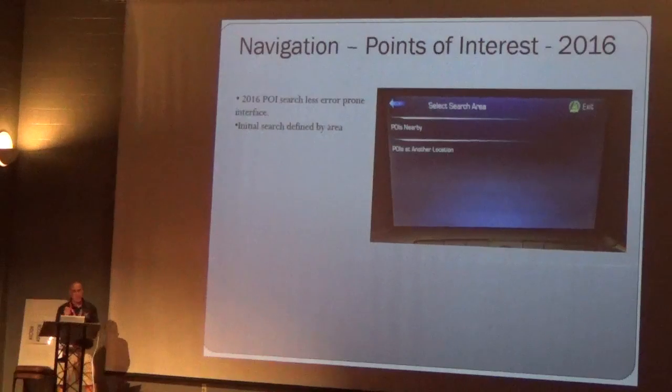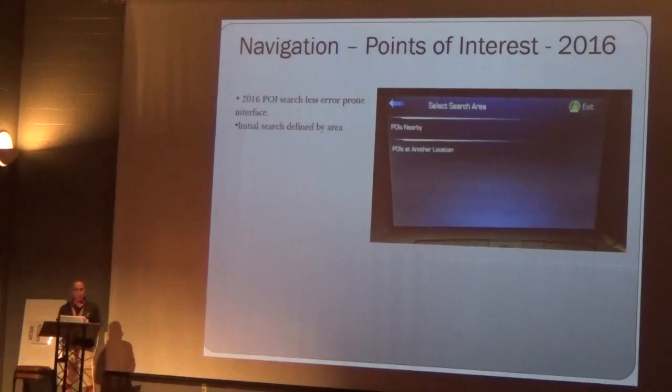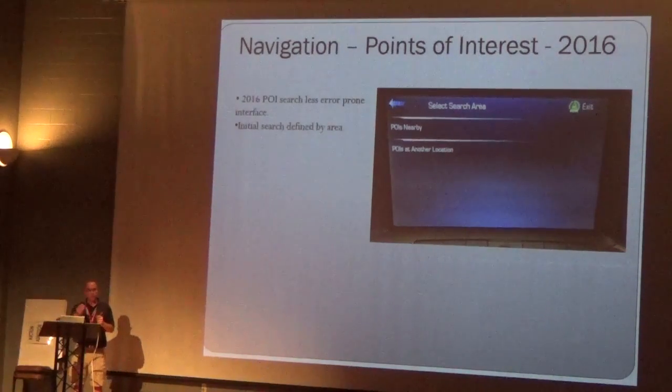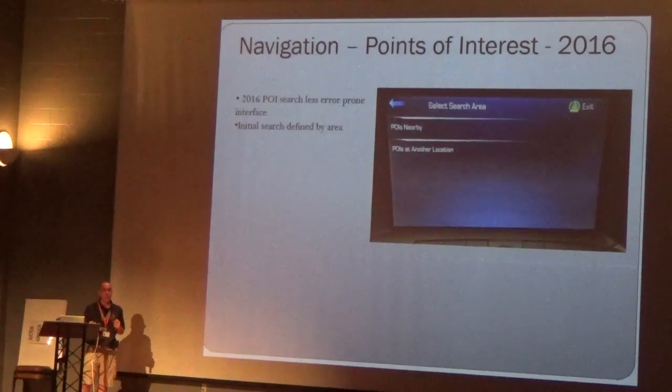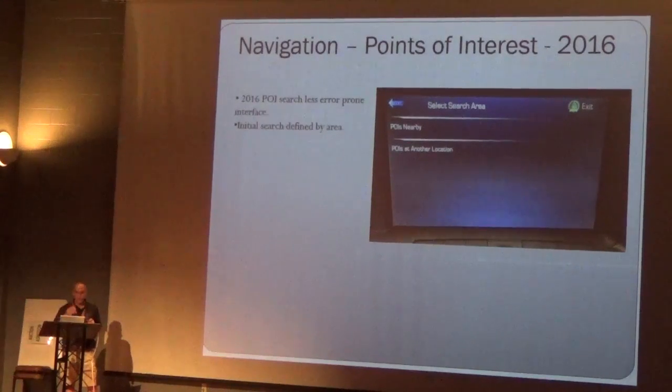The 2016 point of interest selection has been refined. It's more intuitive. Again, because people were entering a POI search, not expecting it to be a proximity search, they were getting erroneous results. The first stuff that was always coming up were things that were very near where they were, and they were determined they wanted to get to somewhere else.